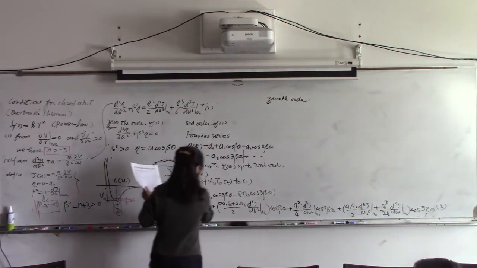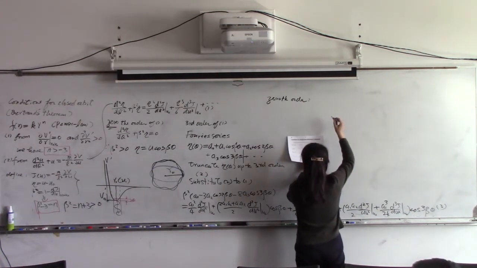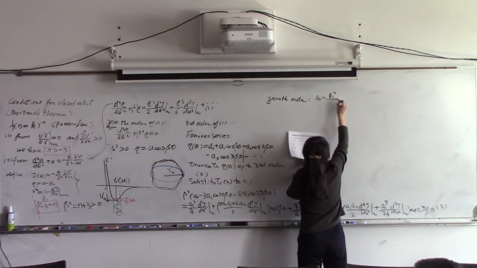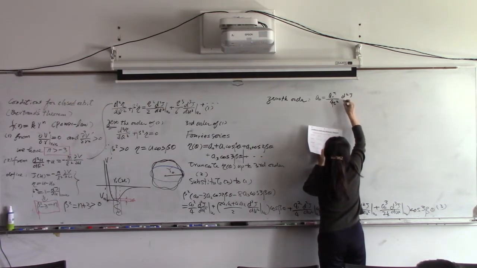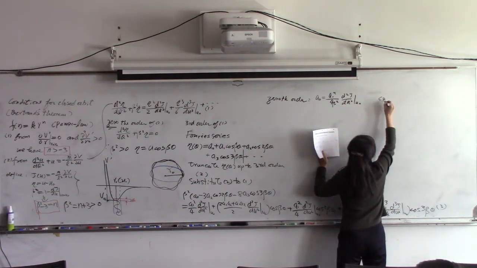The zeroth order, in terms of cosine beta theta, we have a naught equal to a1 square over 4 beta square d square J du square at u naught. And say this is equation 4.